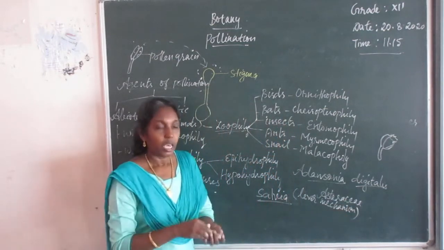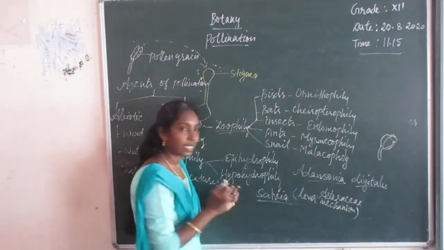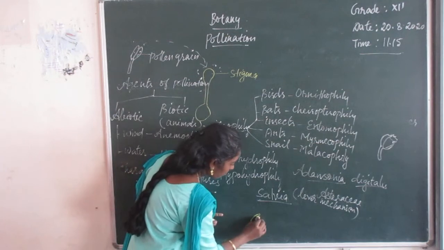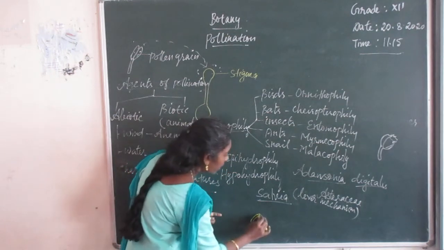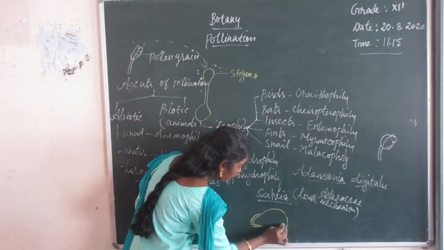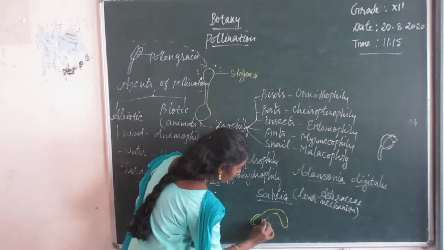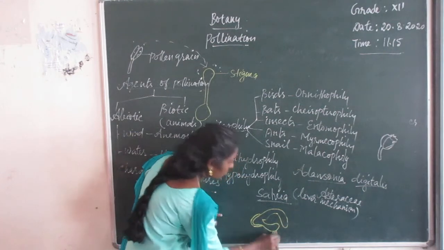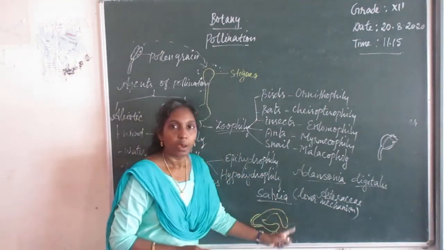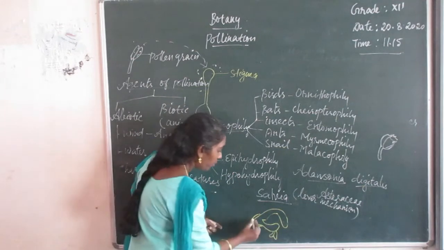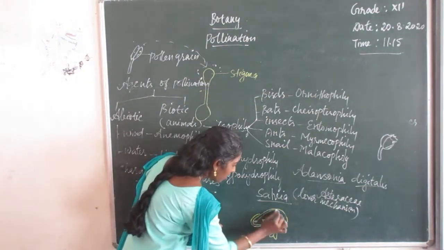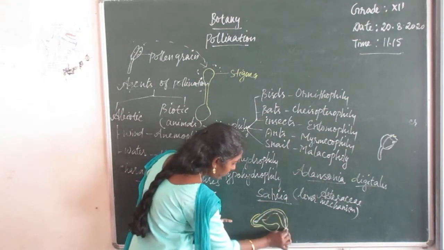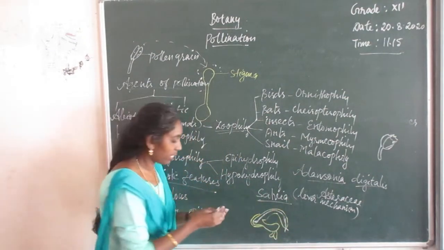This Salvia flower has a bilobate corolla, with the stigma and gynoecium, and there are two different types of stamens.